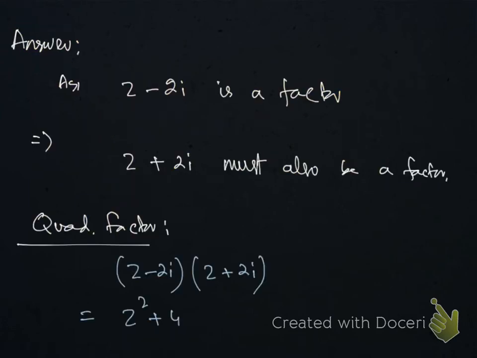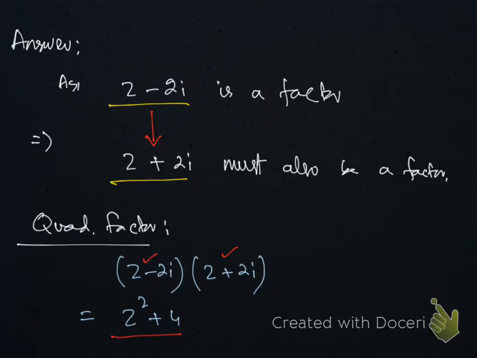As z minus 2i is given as a factor, therefore z plus 2i must also be a factor, the conjugate of z minus 2i. For the quadratic factor, this factor was given, and this is the conjugate of the first factor. So z square plus 4 is the quadratic factor of the polynomial.